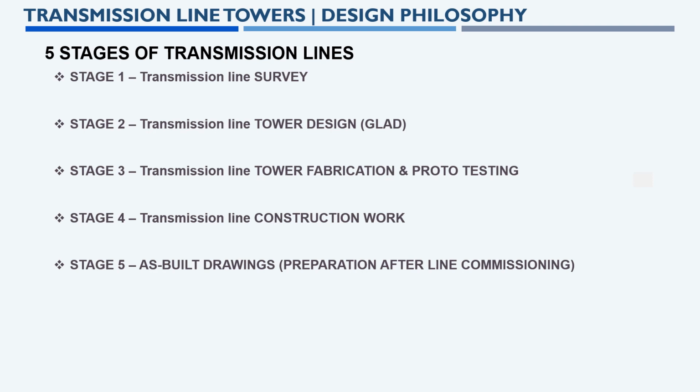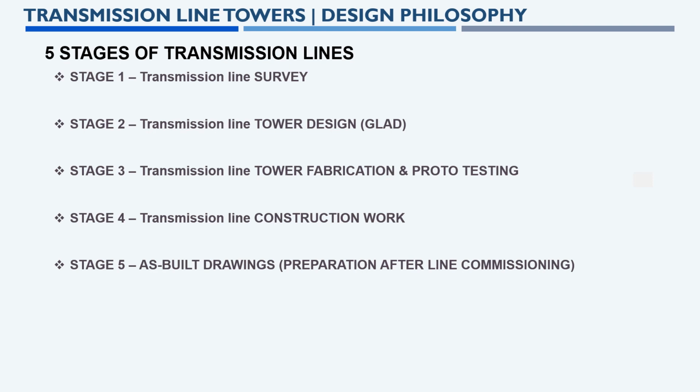We need this kind of information as input from the first stage. Aerial survey, Google GPS, total station and LiDAR survey are the techniques used for tower spotting. Once the tower spotting is completed in stage 1, we move to stage 2.